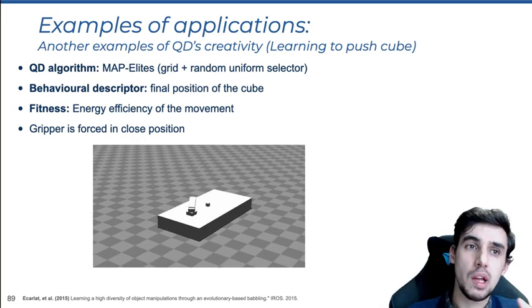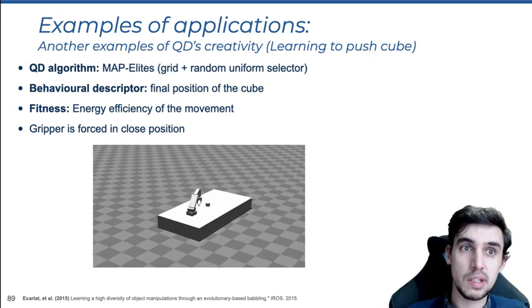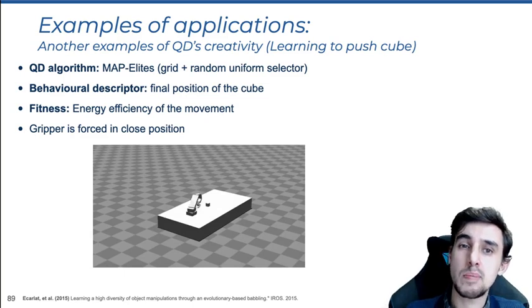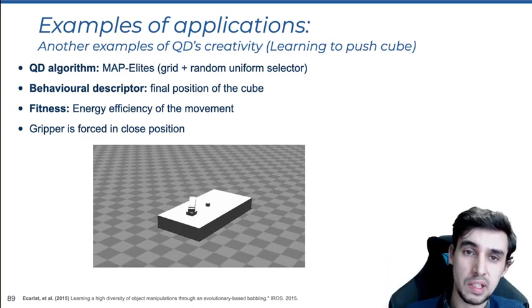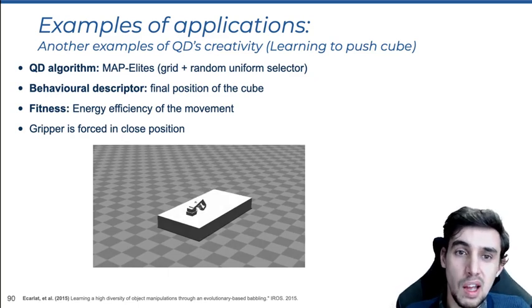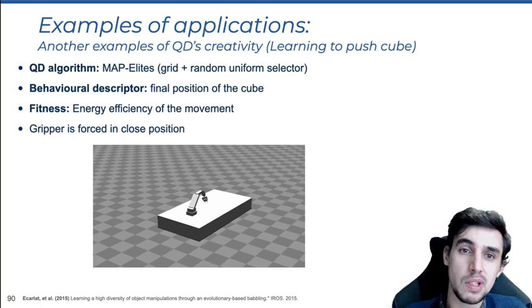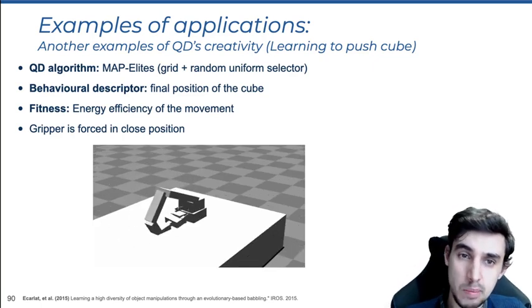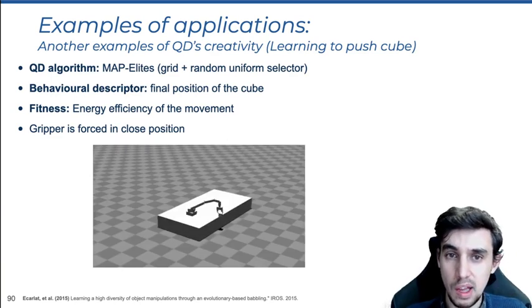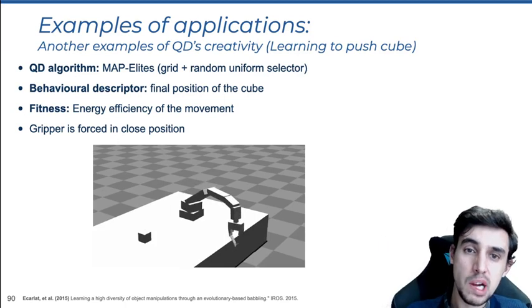And because we designed this to be just a pushing task, we thought that we didn't have to include in the genotype anything to control the gripper of the robot. So that's why the gripper is forced in a closed position, and because of that, we do not expect the robot to be able to grasp the cube and lift it in the air. But again, that was underestimating the performance of MAP-Elites, because this algorithm is very powerful and managed to find a way to block the cube near the base of the robot and smash it from the top.